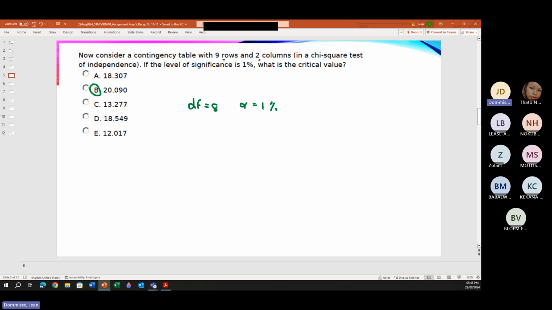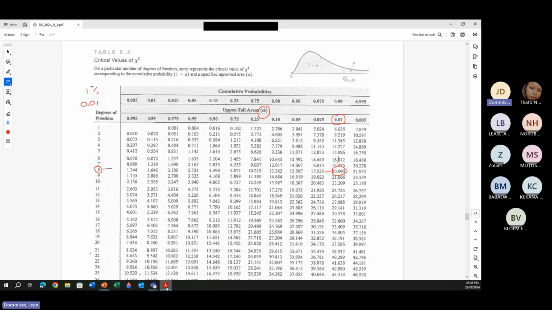Very important as well with a chi-square: we're not saying significance divided by 2. Remember when we do the t-distribution, we've got the degrees of freedom and the alpha divided by 2. But with this, you can see here it's degrees of freedom and only alpha.